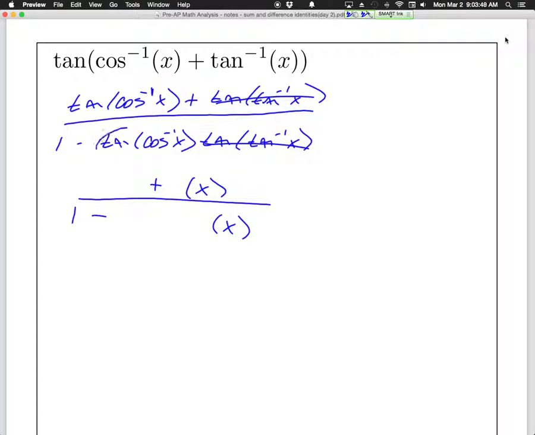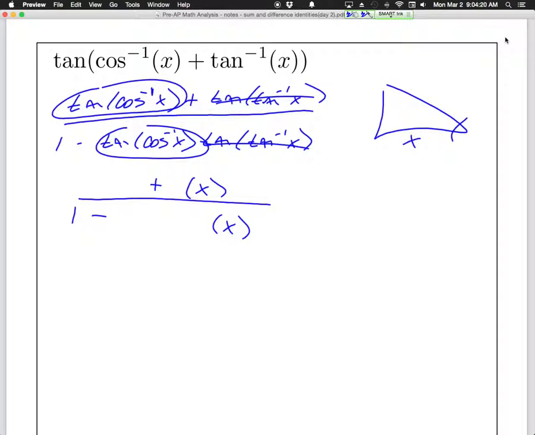And what do I need to do to take care of these other two? I need to draw a triangle. Okay, what do we know about those triangles? If the hypotenuse is 1, cosine tells me the adjacent is x, and the hypotenuse is 1.